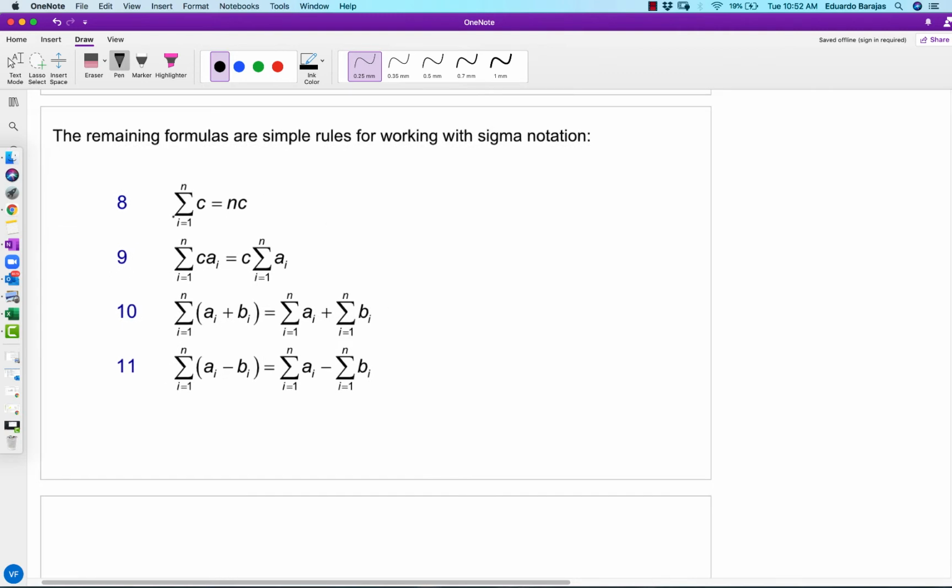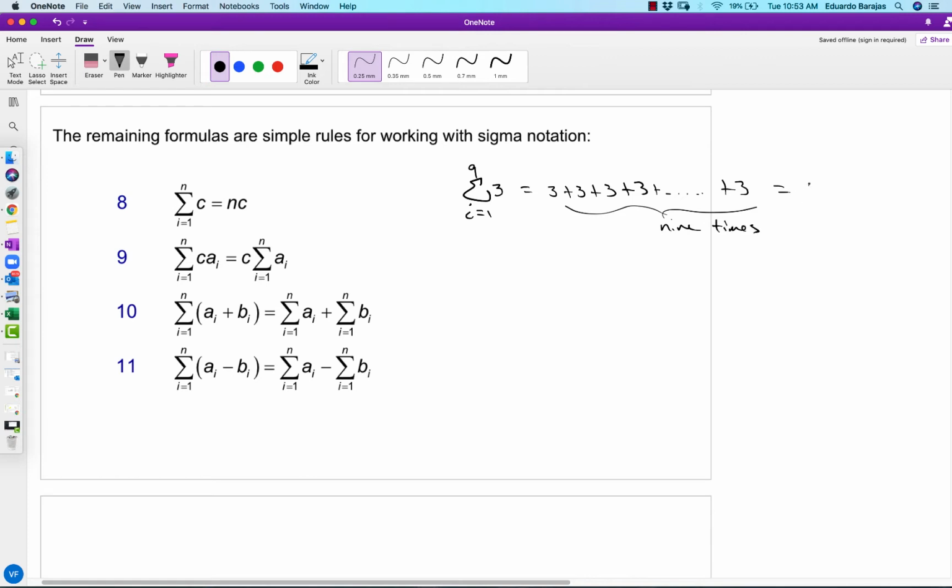We know that if we're summing from i equals 1 to n of just a constant c, then that's equal to n times c. So for example, if we were adding up from i goes from 1 to 9 of the number 3, this is just saying it's 3 plus 3 plus 3 plus 3, all the way up to 3, nine times.